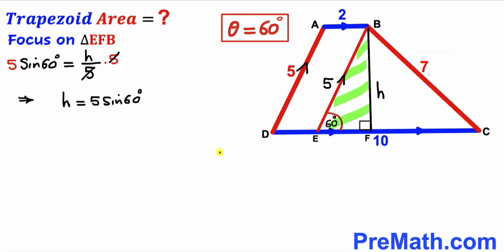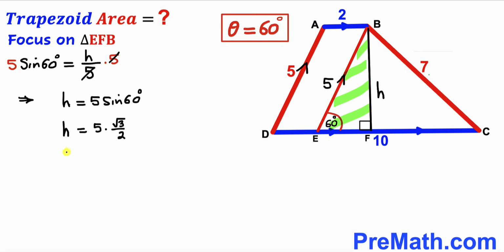We know that sine of 60 degrees is simply square root of 3 divided by 2, so I'm going to replace it. Height h equals 5 times square root of 3 divided by 2.